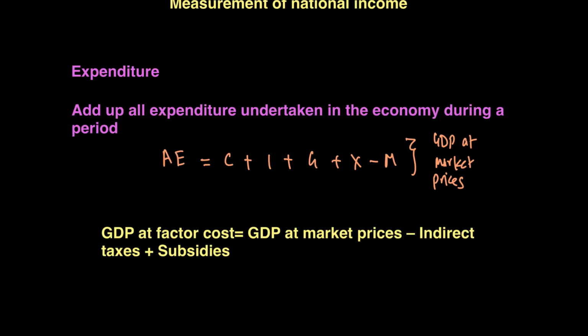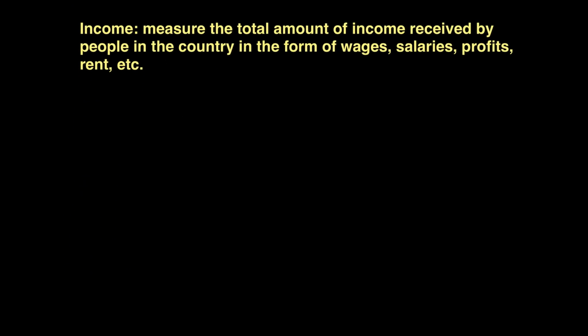Now, when we look at the income approach, we are measuring the total amount of income received by people in a country in the form of various incomes like wages, salaries, profits, rents, dividends, and so on. In this approach, we are looking at how households are earning their income. In other words, it tells us something about the balance between the rewards of labor, which are wages and salaries, capital, which is interest, land, which has rent, and enterprise, which has profits, and so on.